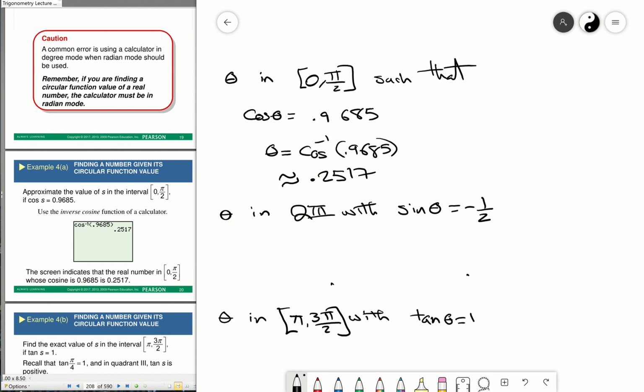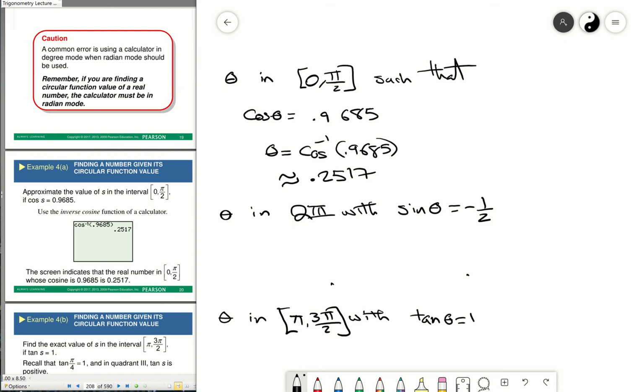Now, one thing we need to make sure is we need to pay attention to the quadrant requirements. Notice this is basically quadrant 1, but not exactly, because it's including the 2 quadrantal angles. So quadrant 1 plus the 2 quadrantal angles.